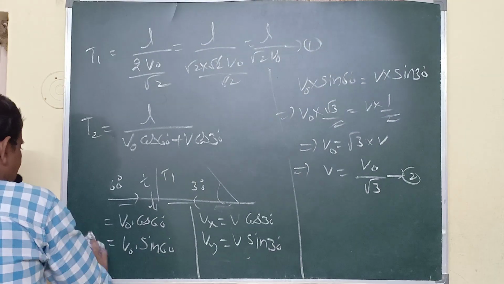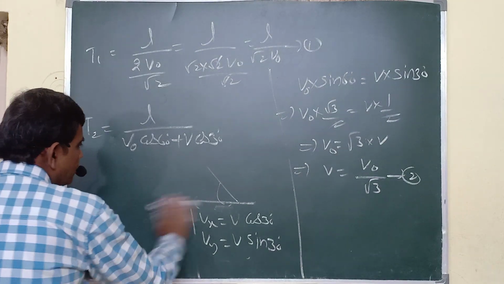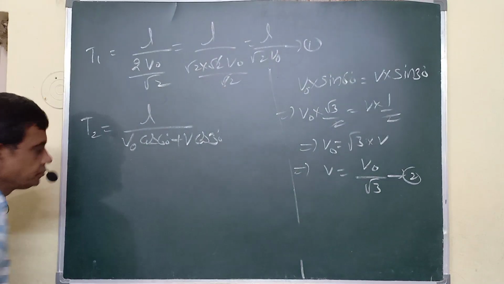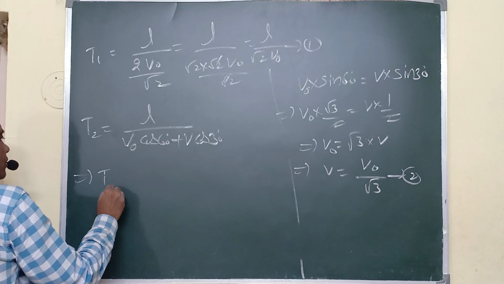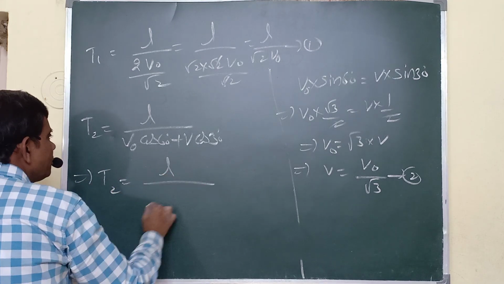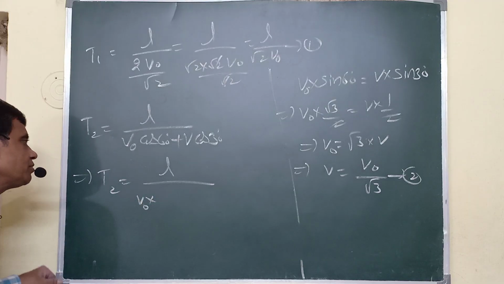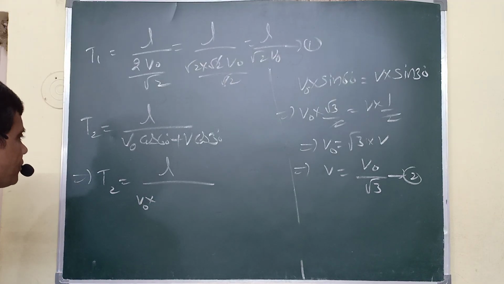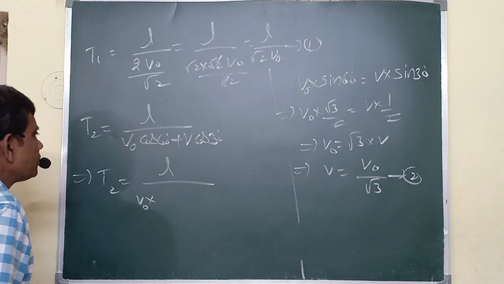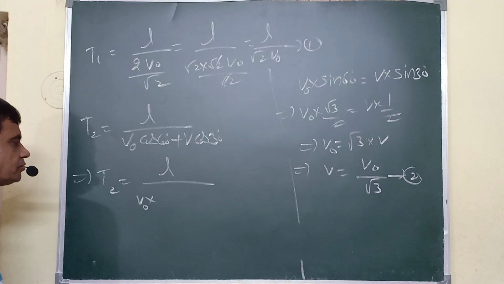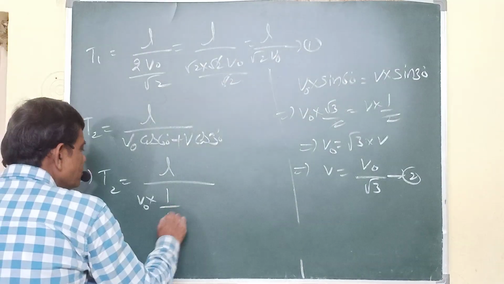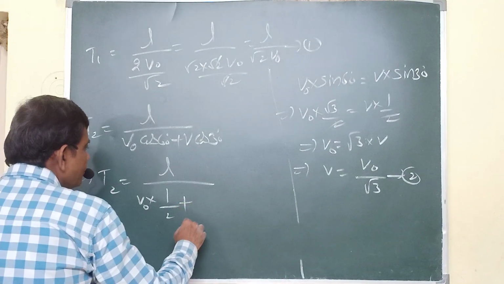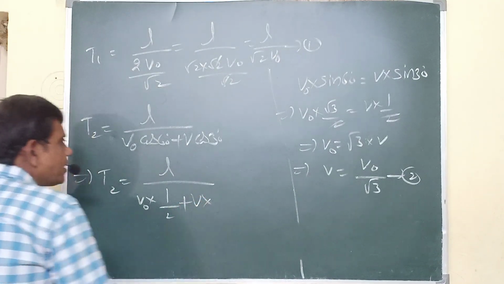Okay, now you go to mathematics. This implies T2 equals L by V naught cos 60 plus V cos 30. What is the cos 60 value? Cos 60 equals 1 by 2. And what is the cos 30 value?